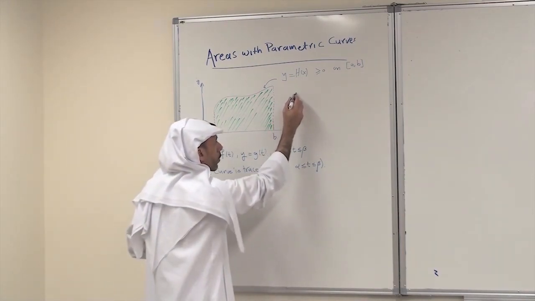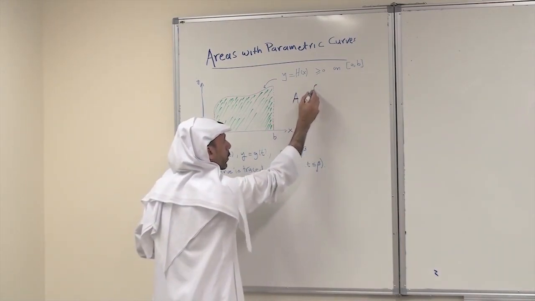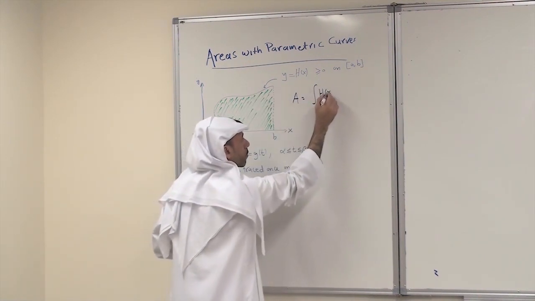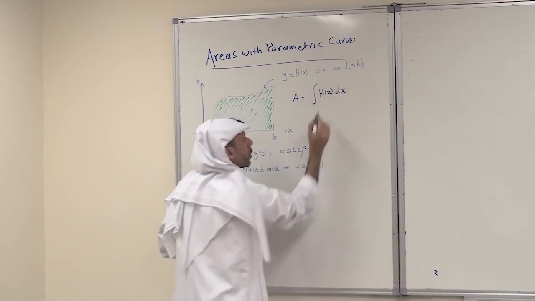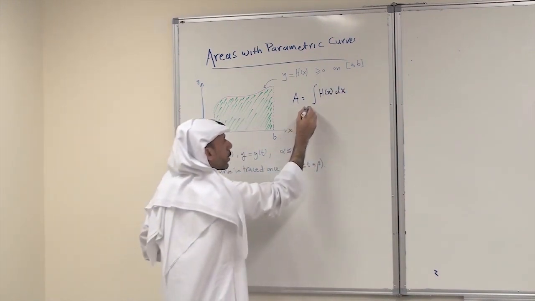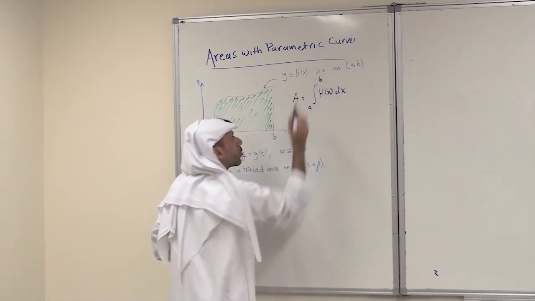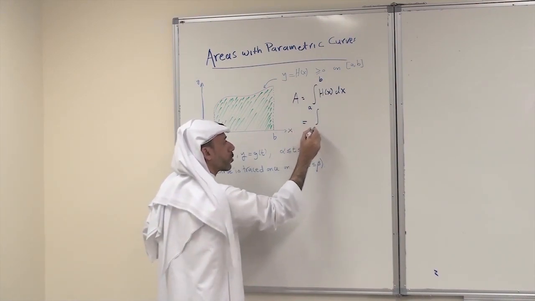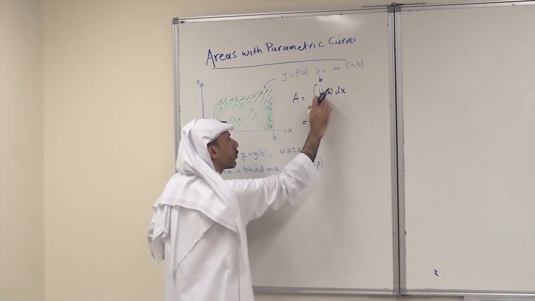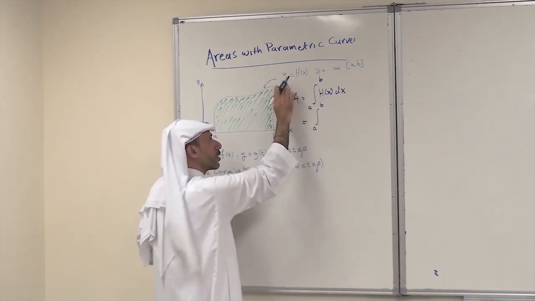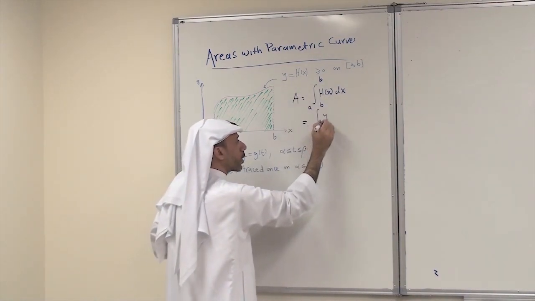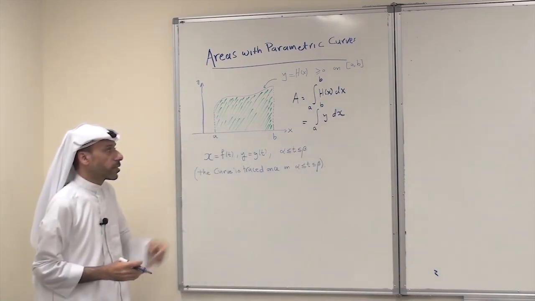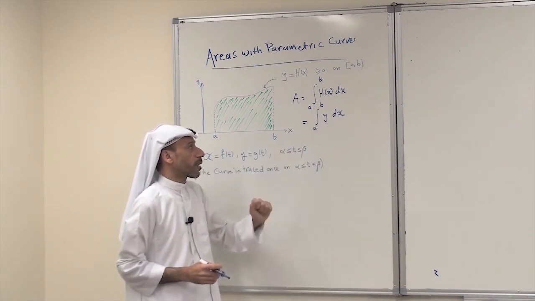The area equals the integral of the function h of x dx over the interval a to b. We can write this also as the integral from a to b of y dx, since the name of the function is y. This is what we do in Math 102.